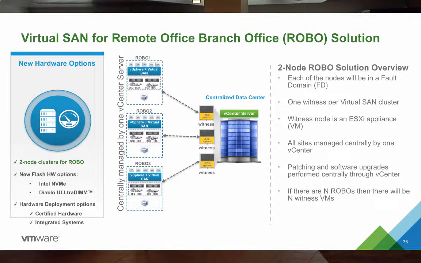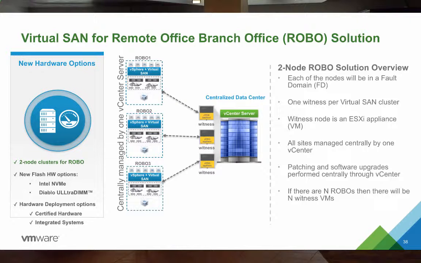So within that space, we're using the witness VM to help us provide that quorum and serve as that voting mechanism, so we no longer need to have a minimum of 3 hosts inside of each space. This also aligns much more closely with the types of workload size deployments, anywhere from 5 to 10 to a maximum of 25 virtual machines inside of those ROBO instances.